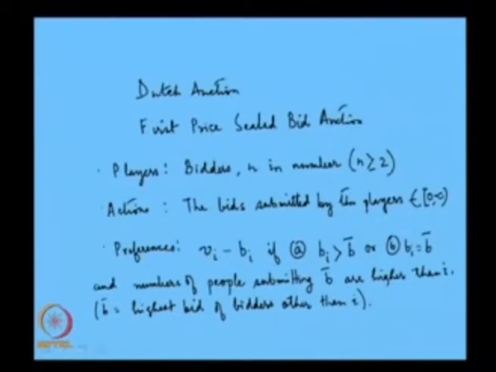So if i is getting the commodity, then he is getting a valuation of Vi, which is how he values the commodity, and from this we have to subtract the price that he is paying, which is Bi. It is not the second highest price, it is the price that he is quoting.